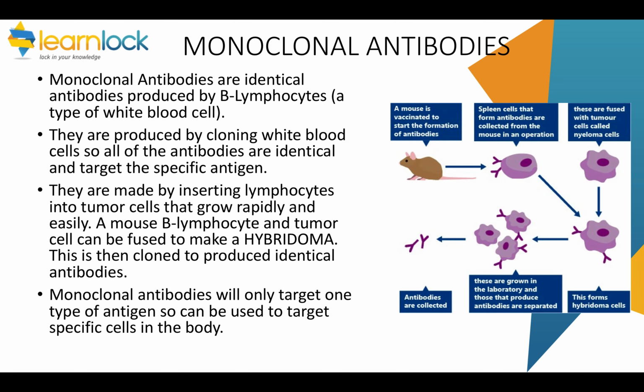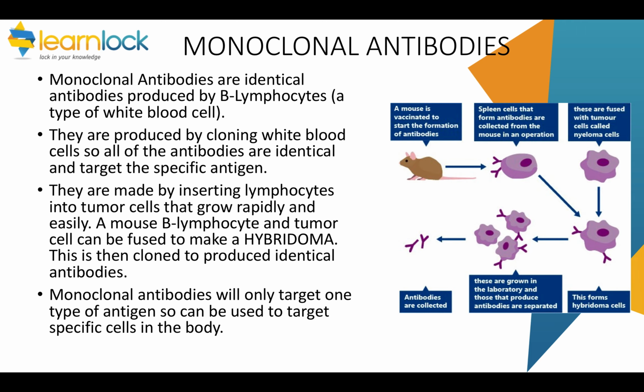You will need to know in particular about something called monoclonal antibodies. We already know what antibodies are. Monoclonal, those two words are important. They're basically identical antibodies, clones, and they're produced by the B lymphocytes, which we talked about before as a type of white blood cell. How are they made? Well, they're made by cloning white blood cells, so all the antibodies are identical, and that means they can target just one specific antigen.